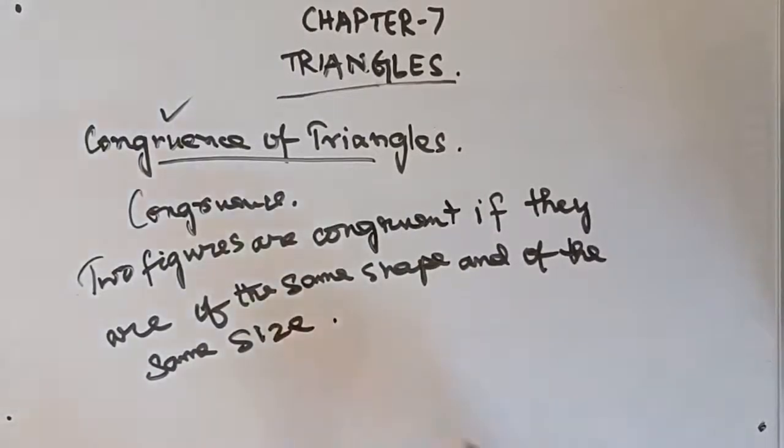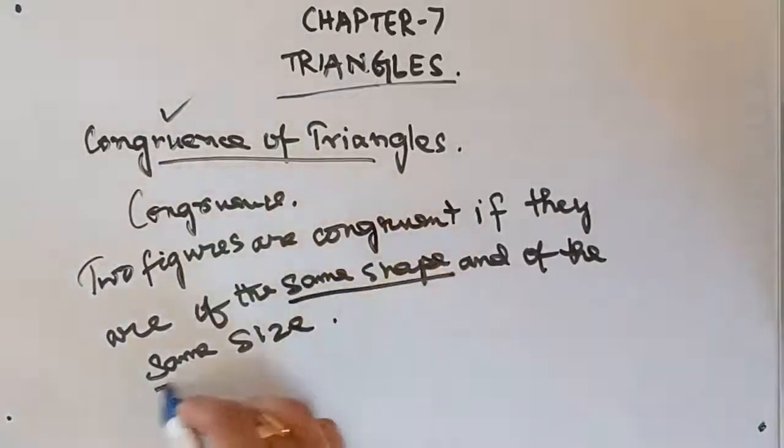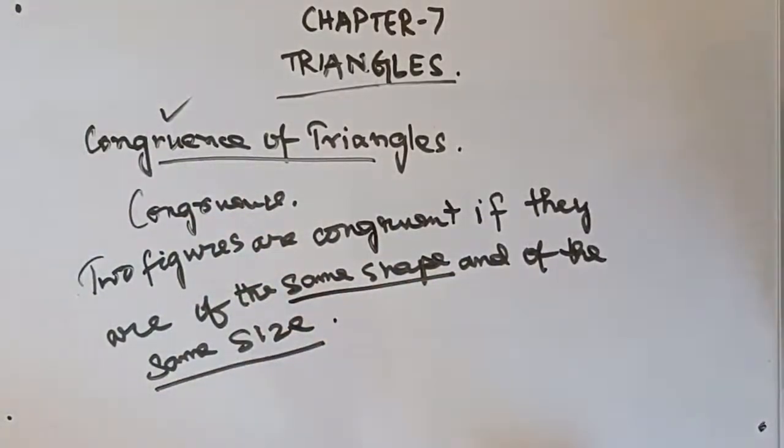So any figures, if they have the same shape and same size, are said to be congruent to each other.